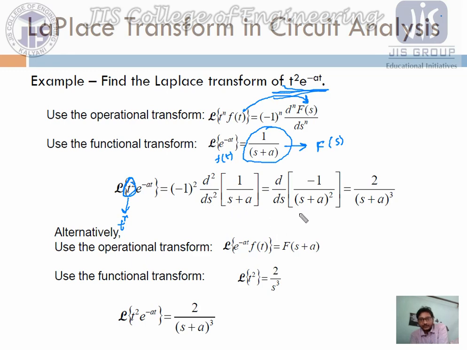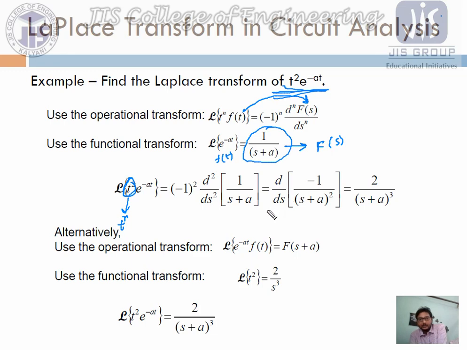If we go for the derivative of this part with respect to s, we get minus 1 square, which means plus 1, and d/ds of minus 1 by s plus a whole square. The second derivative is the first derivative of the first derivative.